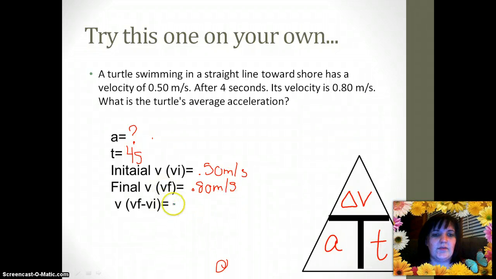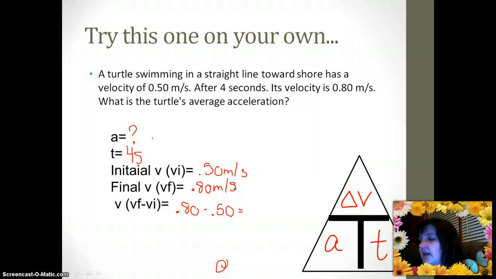Now I can solve. I'm going to take 0.80 minus 0.50, plug it into my calculator so that I make sure I get a right answer. 0.8 minus 0.5 is 0.3, obviously. 0.3 meters per second is my delta v.